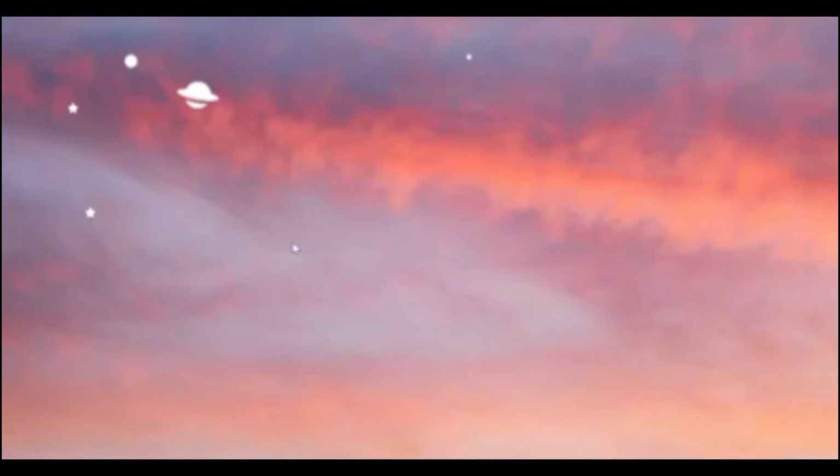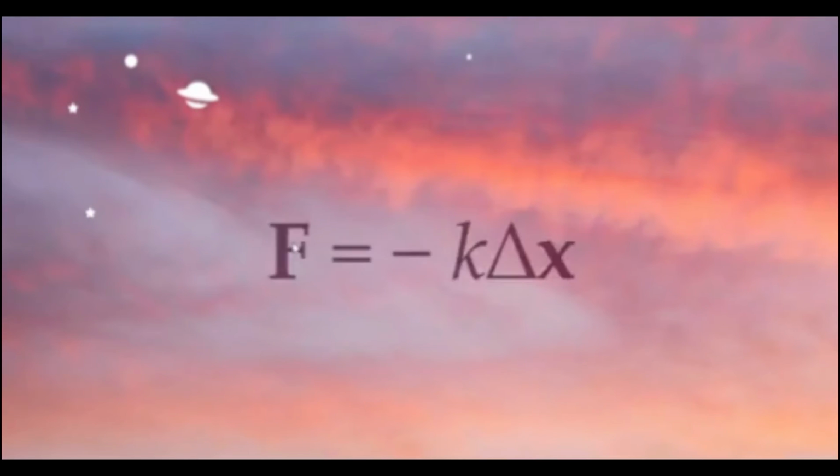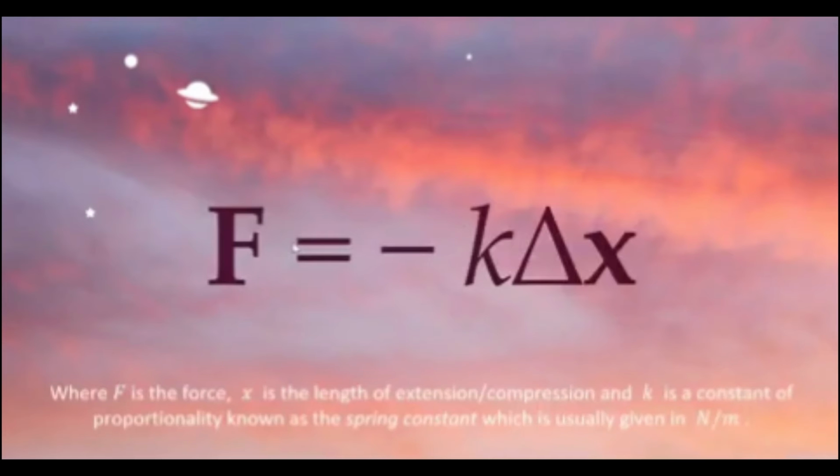Then, to show that the springy thing was trying to return to its original state, we'd add a negative sign. In other words, we'd write the equation F = -kx, where F is the force, x is the length of extension or compression, and k is a constant of proportionality known as the spring constant, which is usually given in N/m.